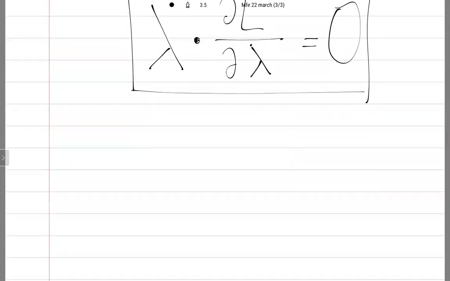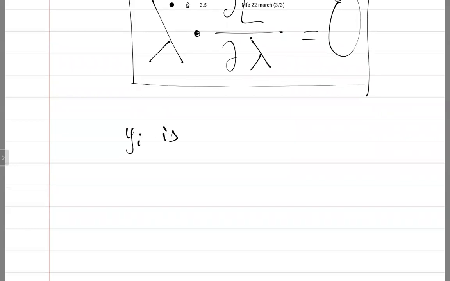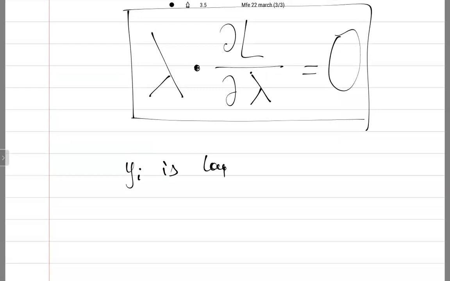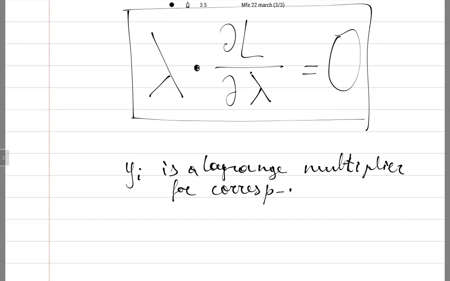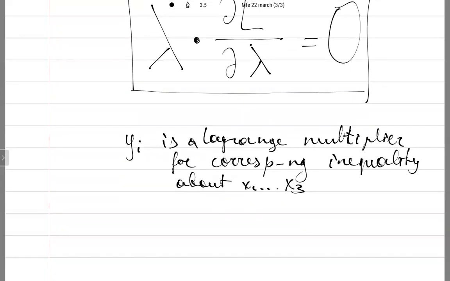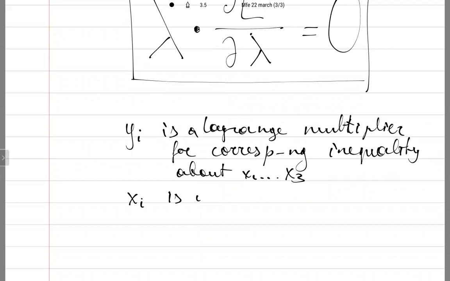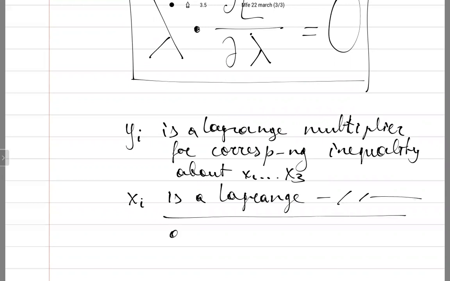And we remember that y is a Lagrange multiplier for the corresponding inequality about x1, x3, and xi is a Lagrange multiplier for the corresponding inequality about y1 and y2.